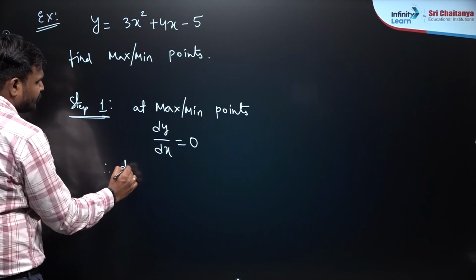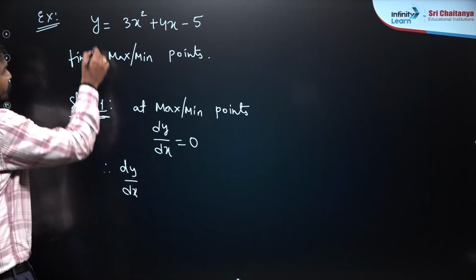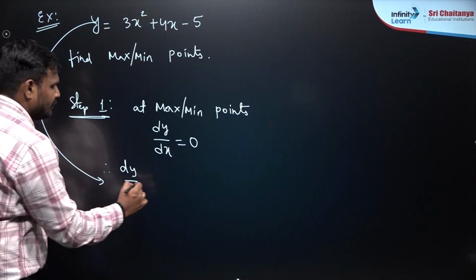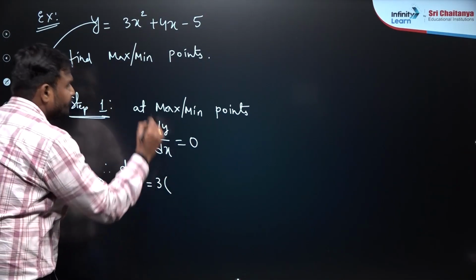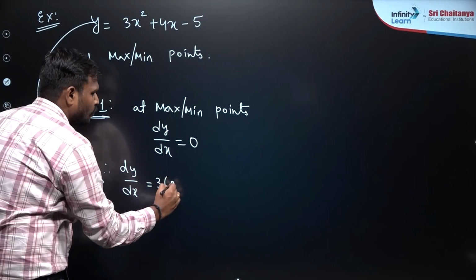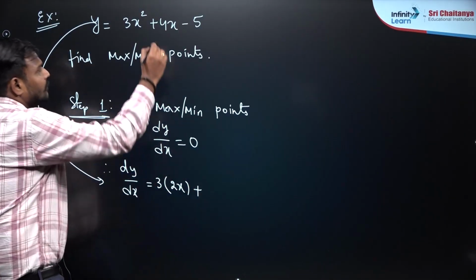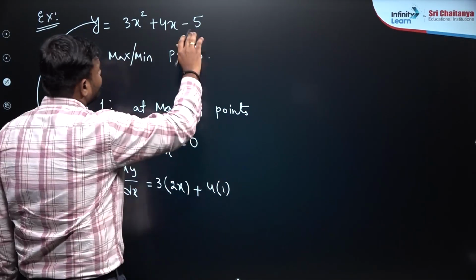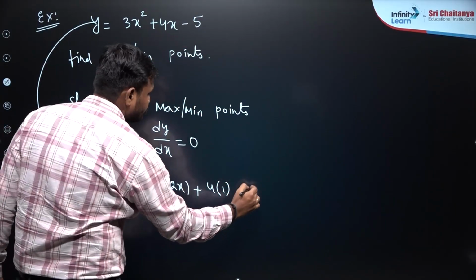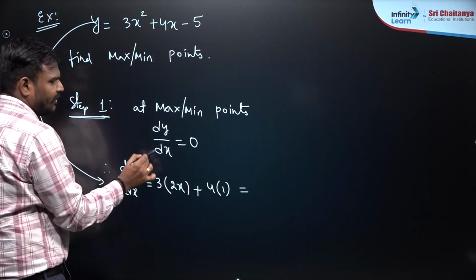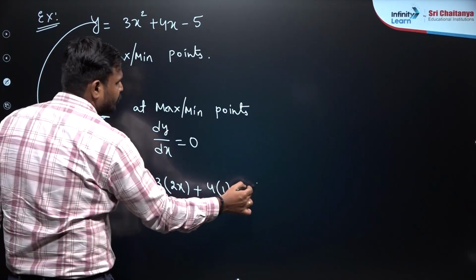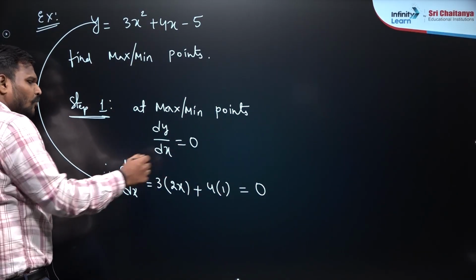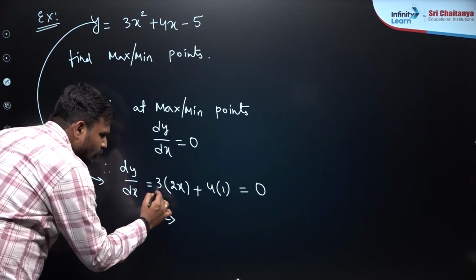If you differentiate this function here, 3x square, 3 is a constant, keep outside, derivative of x square is 2x, plus 4 is a constant, keep outside, derivative of x is 1, derivative of 5 is 0. Now after differentiating we have to equate to 0. Why? Because at maxima minima points derivative is 0 and we are going to find that.